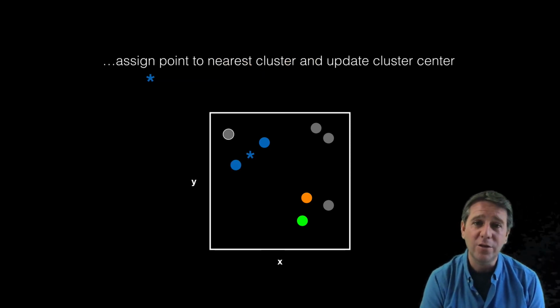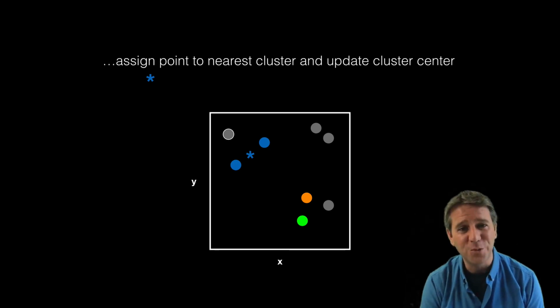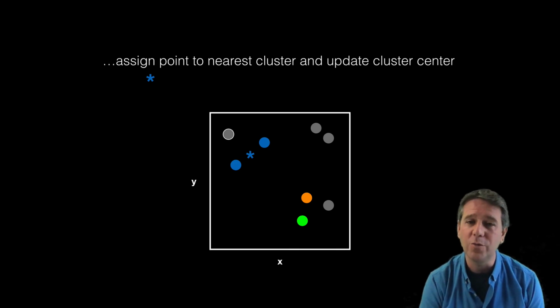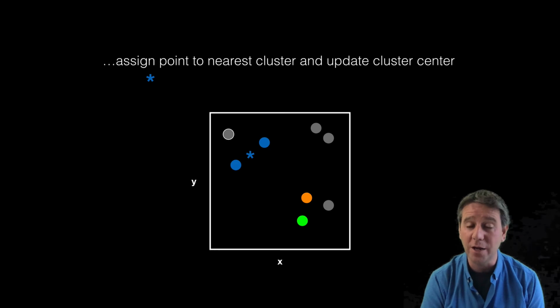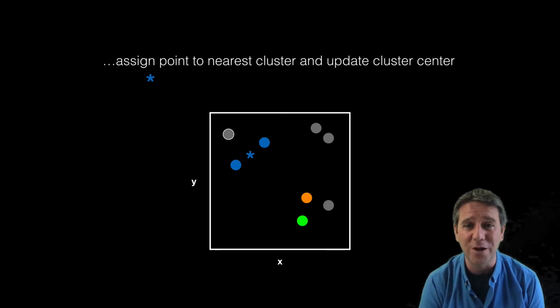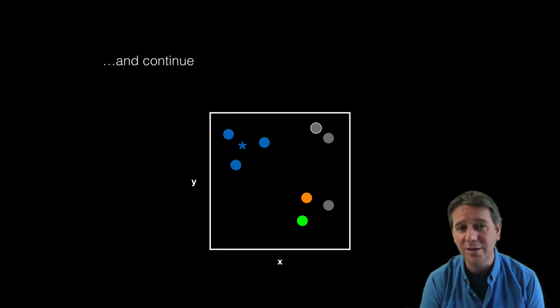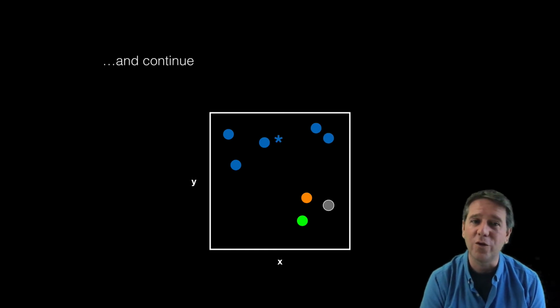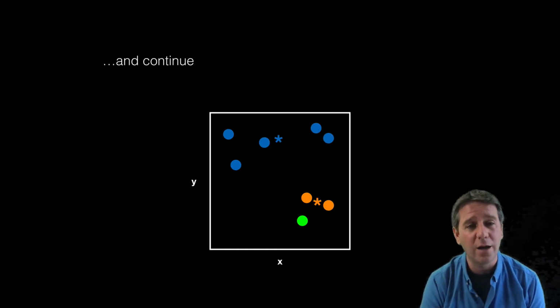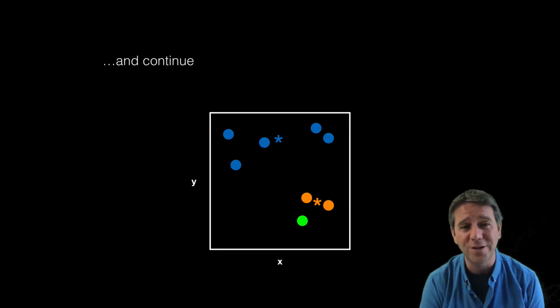And we assign it to the one that's closest, in this case, the blue cluster. And we continue. We update the cluster center point for which we're going to measure subsequent distances, and continue and continue and continue for all points until we have all our points assigned to these clusters.